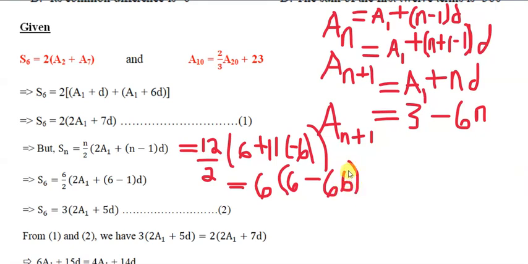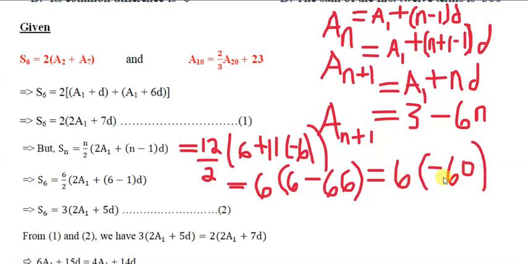Now perform this operation in bracket. It becomes minus 60. Let me rewrite that 6. 6 times the operation inside the bracket, 6 minus 66, gives us minus 60.